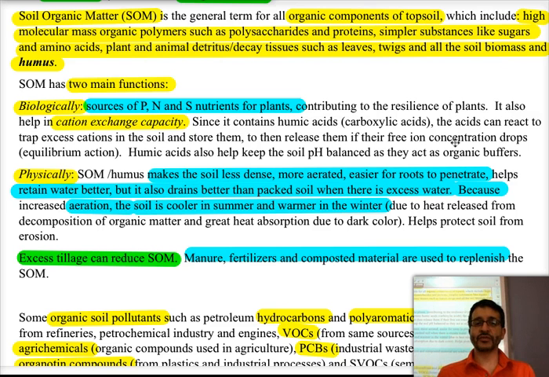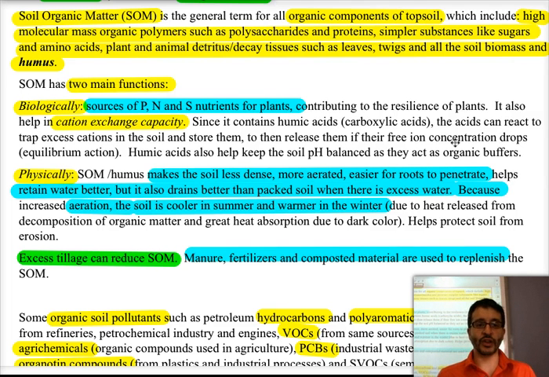Physically, SOM has a very, very important role in making the soil less dense and allowing it to be more aerated. It also helps with water control: it absorbs more water when it's dry, and it allows water to drain more easily when it's saturated, so the water can continue to filter out, and so we don't have either a desiccation of the plant or too much stagnant water, which would rot the roots.